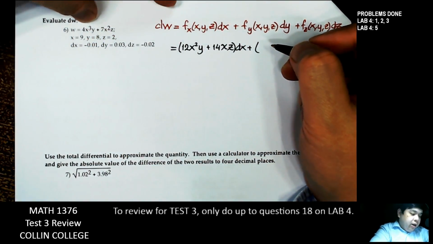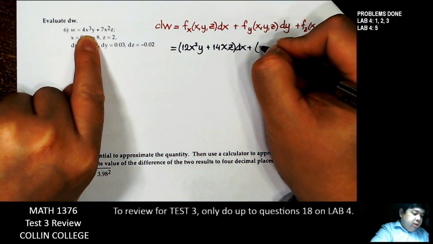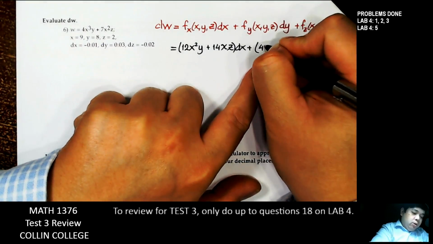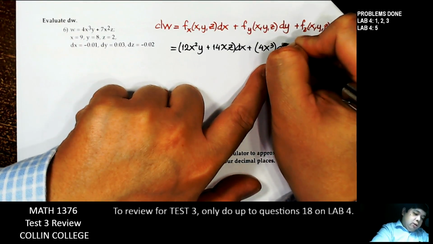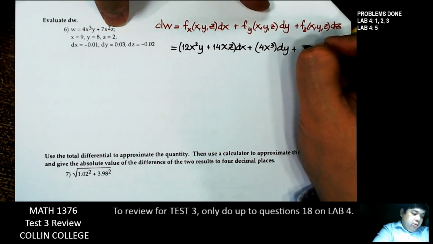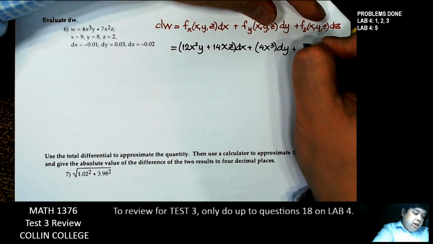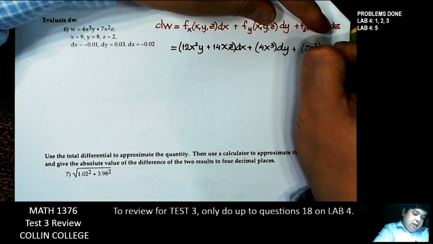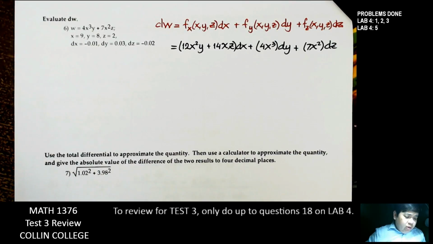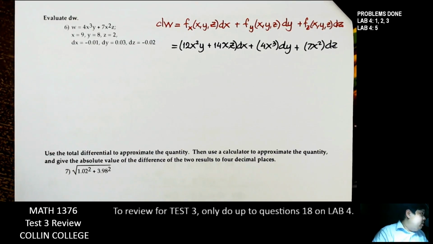Derivative with respect to y, that's just the first term. Derivative of y is 1, so that's 4x cubed. And with respect to z, just the last term. Derivative of z is 1, so just 7x squared dz. And then we just put all of those numbers in there. Right, that's simple enough.